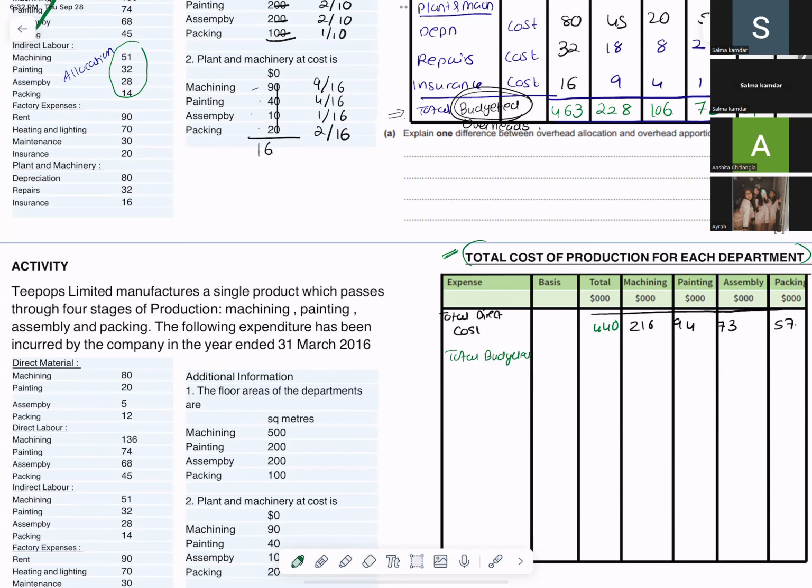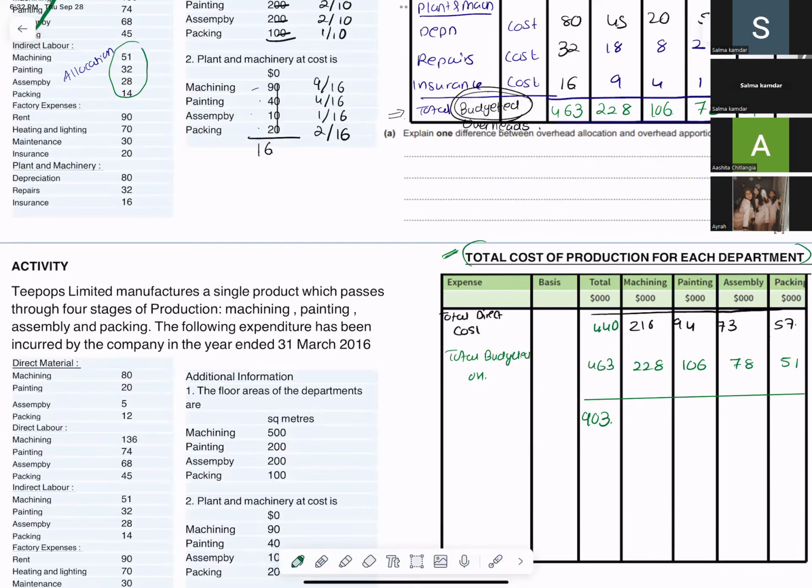Your total budgeted overheads are 463, 228, 106, 78 and 51. So 440 plus 463 is 903.